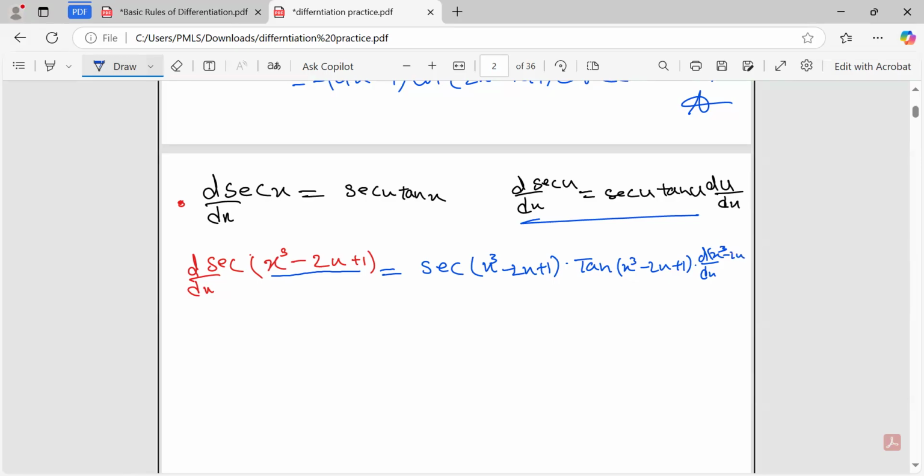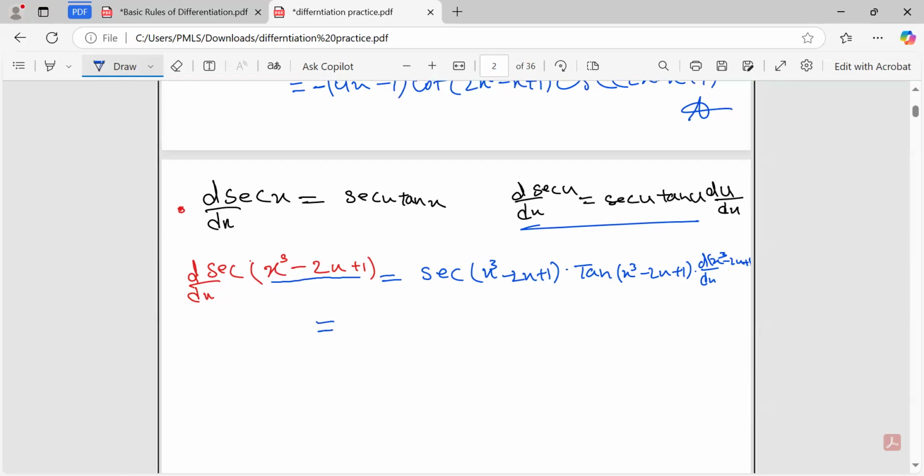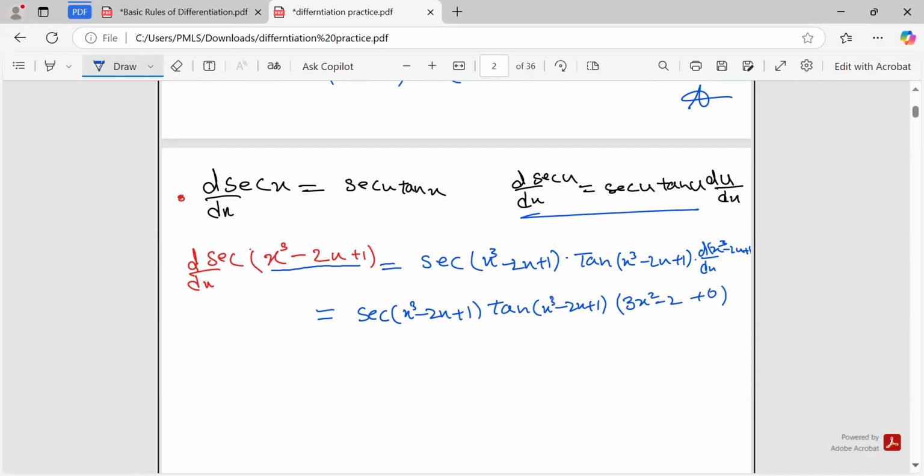So in this case, secant will be as it is, and tan of x cube minus 2x plus 1 times the derivative: the derivative of x cube is 3x square, the derivative of minus 2x is minus 2, and the derivative of 1 is 0.